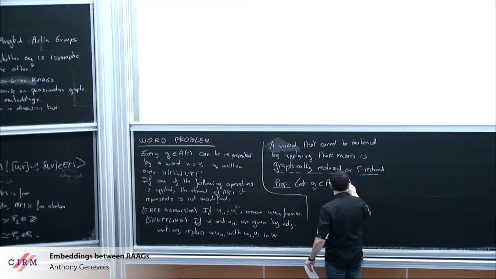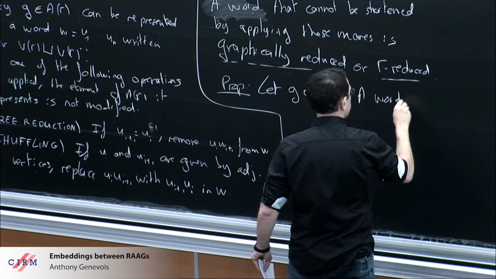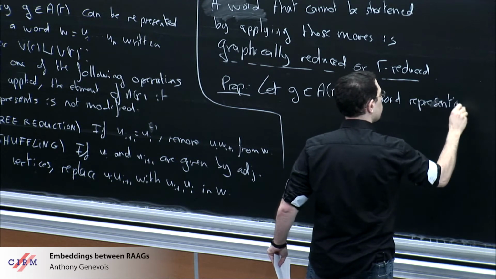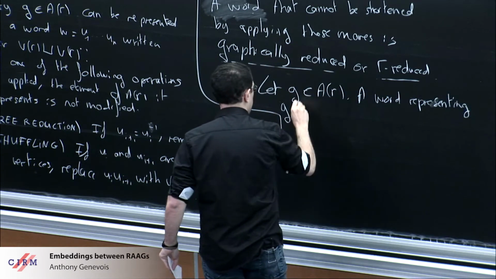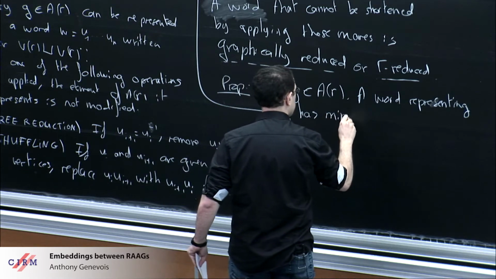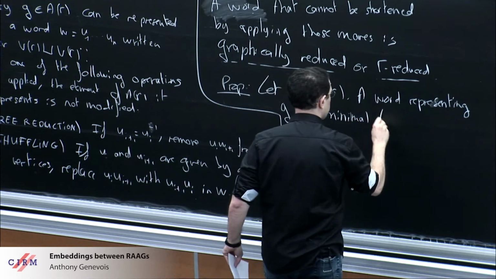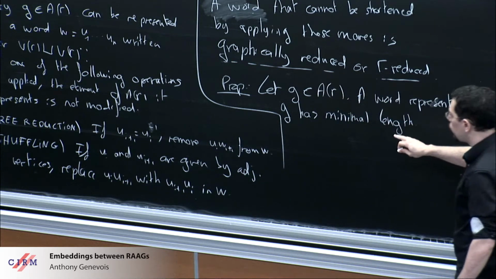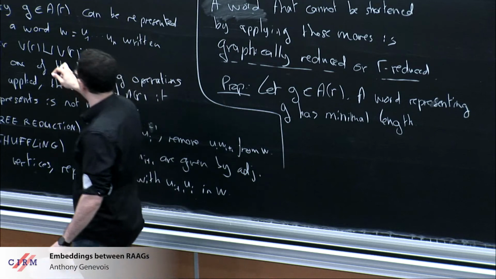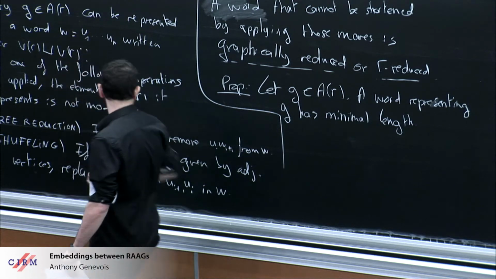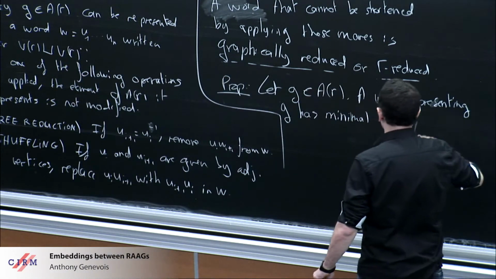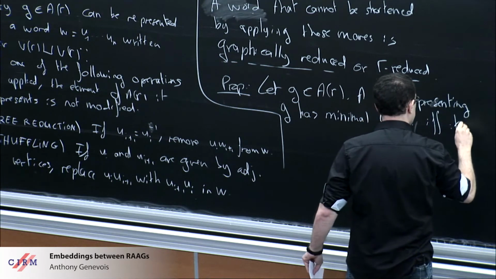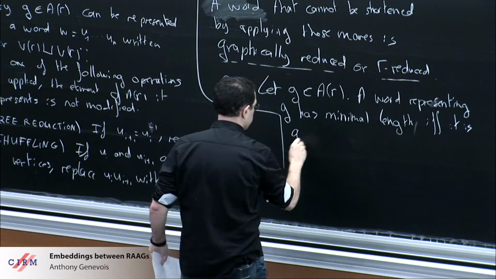Then a word representing G has minimal length, and when I say a word, I always mean with respect to this alphabet, if and only if it is graphically reduced.